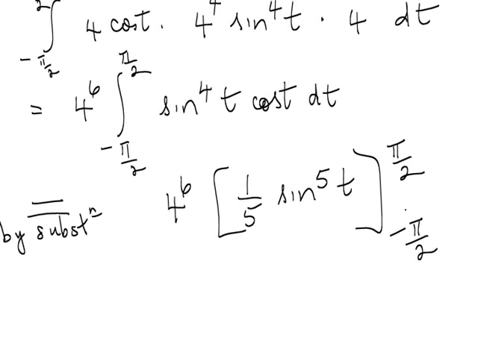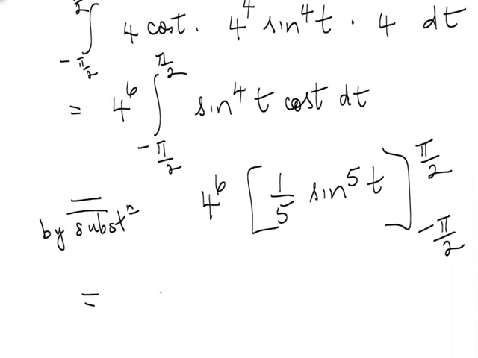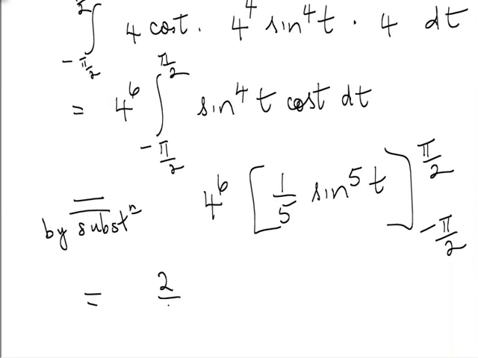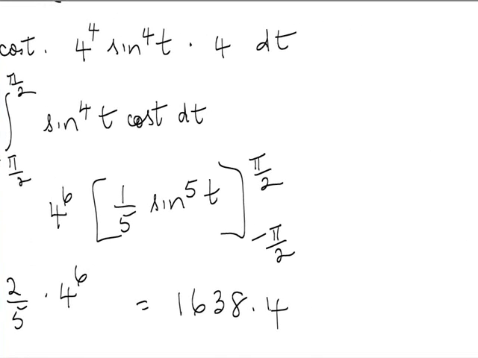And when you evaluate it, you get 2 over 5 times 4 to the 6, which is exactly 1638.4. Okay. And as I said, you'll see the applications of all of these very soon.